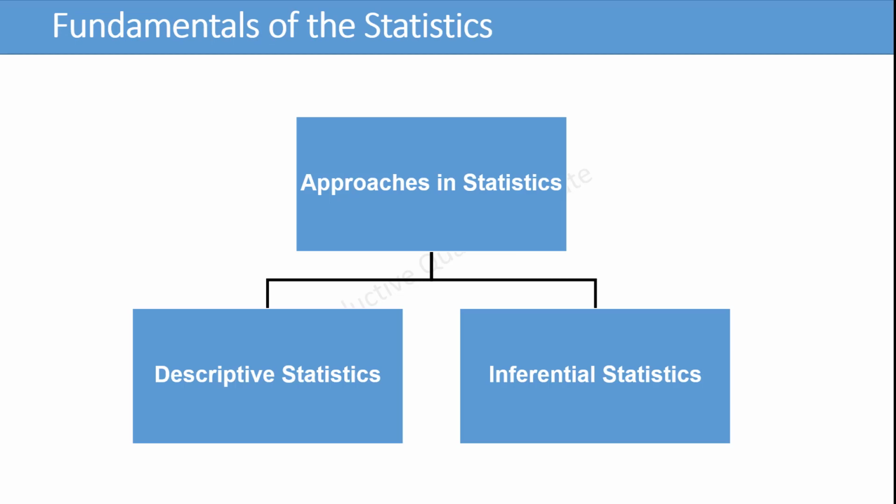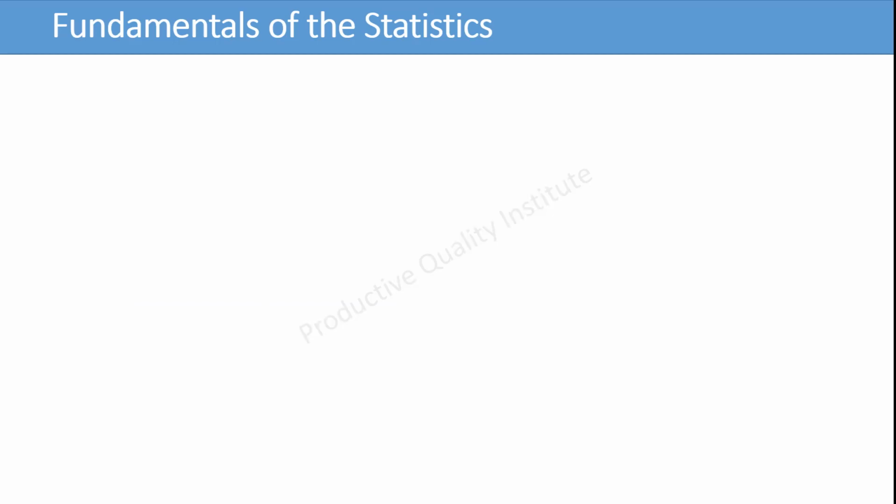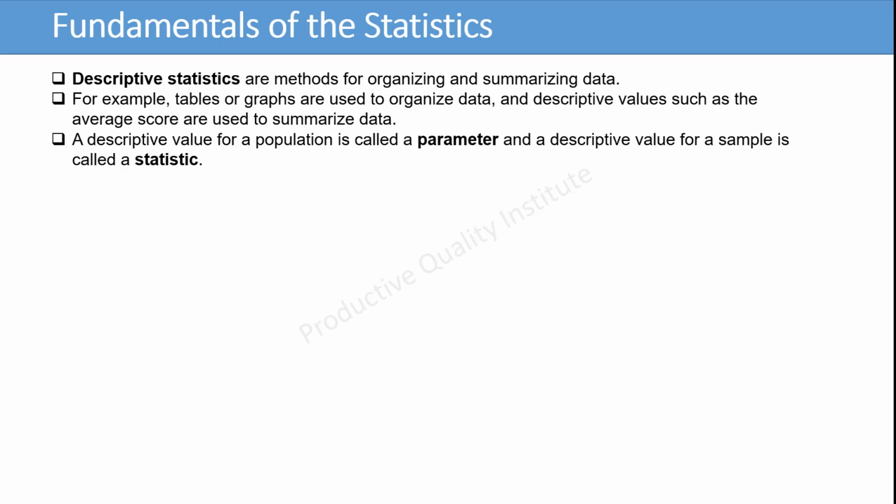Two main statistical methods are used in data analysis: descriptive statistics and inferential statistics. Descriptive statistics are methods for organizing and summarizing data. For example, tables or graphs are used to organize data, and descriptive values, such as the average score, are used to summarize data.